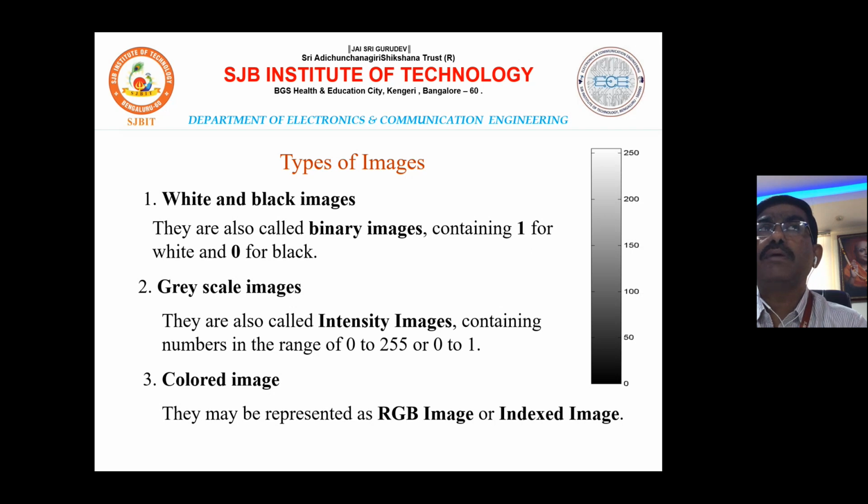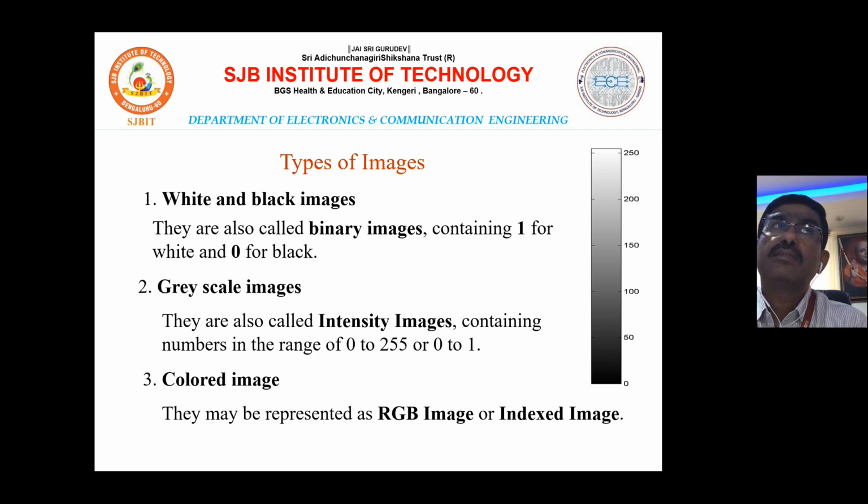Here it is a very simple representation. 1 is called white, 0 is called black. That means 1 is represented as white color, 0 is represented as black color. Only two colors, that is what a binary image is. 1 and 0 only.